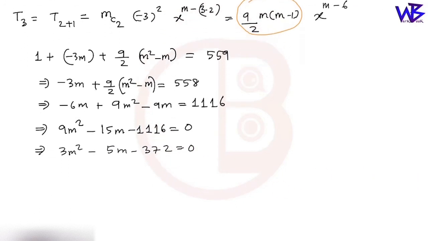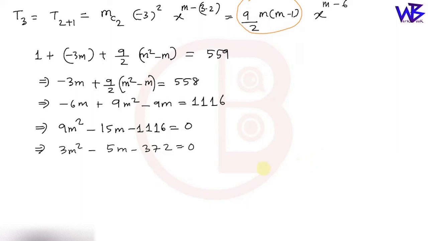Now this is a quadratic in m, so let's factorize it so that we can find the roots. If we factorize, this will be 3m square minus 36m plus 31m minus 372 is equal to 0.